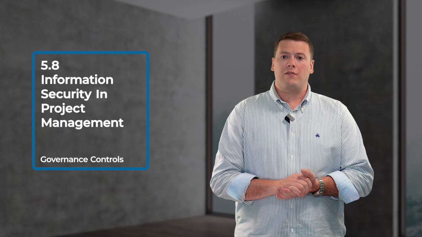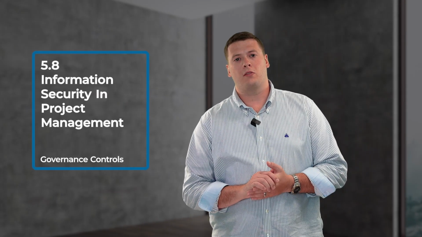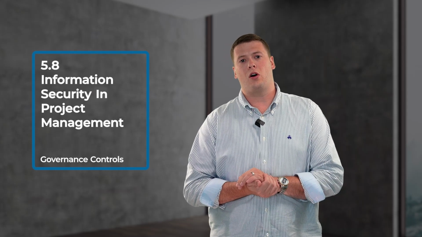5.8 is information security and project management. With this control, you want to make sure that you are baking information security requirements into any applicable project. For example, you may have an SDLC, you may have security built into development processes and things like that. But let's say that you decide that you want to implement a new conference room software that allows remote workers to see the whole room instead of people using the cameras on their laptops.